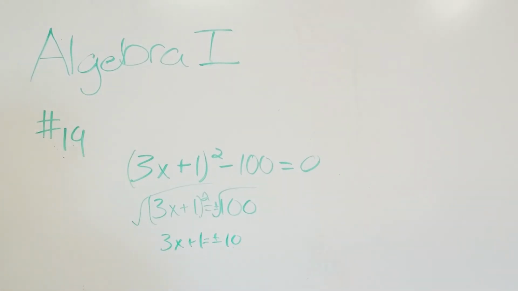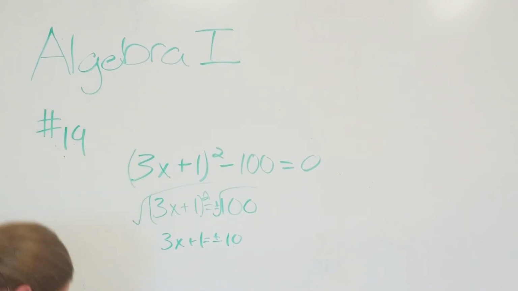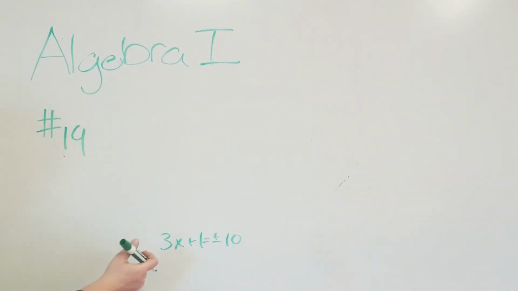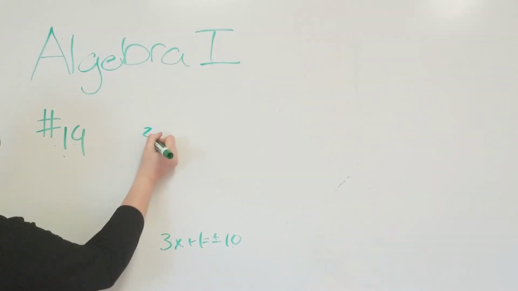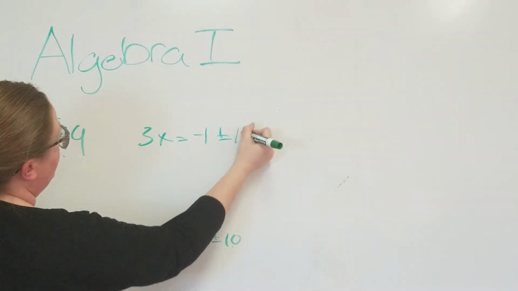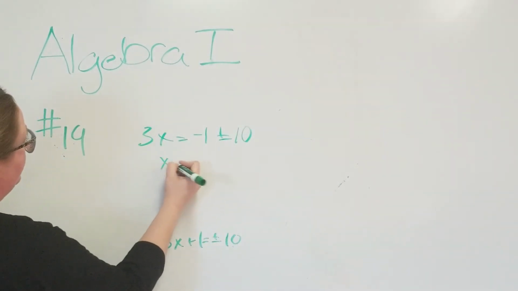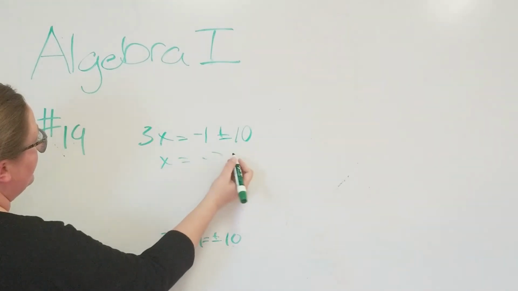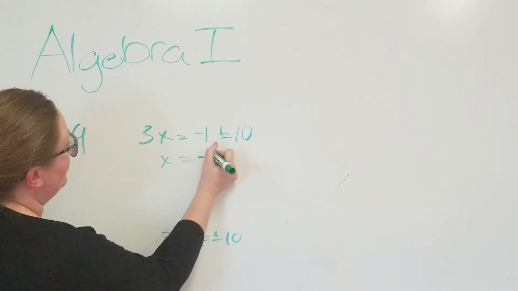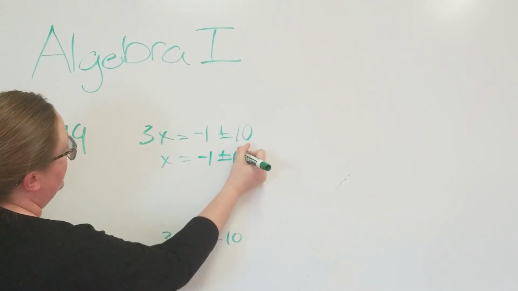So this one has one more step because there is a coefficient on your x. You're going to move the 1 over, so it's going to say 3x equals negative 1 plus or minus 10, and then you have to divide by 3. x equals negative 1 plus or minus 10 over 3.